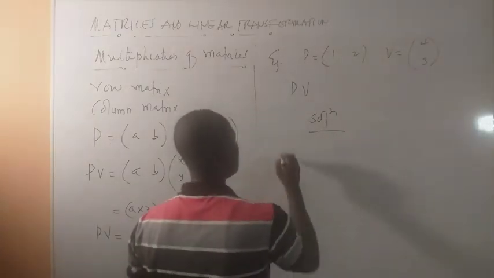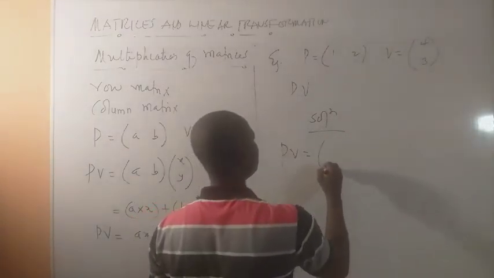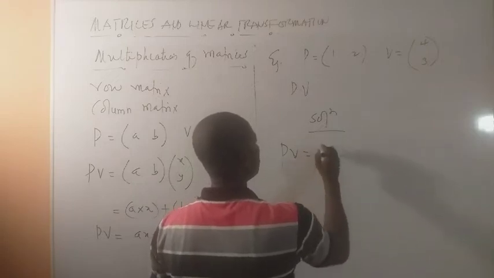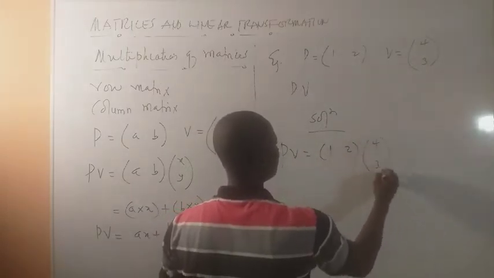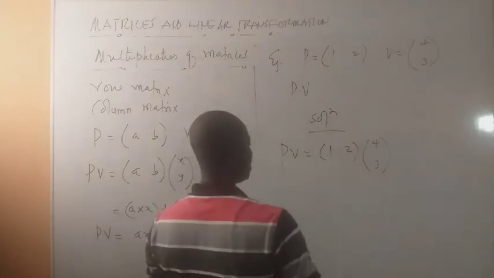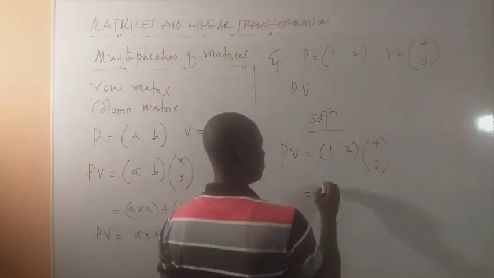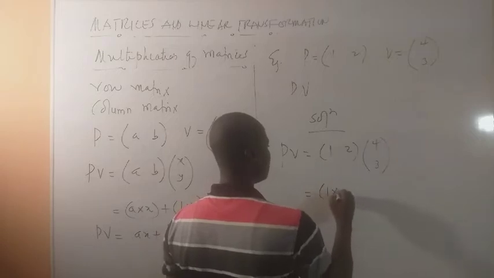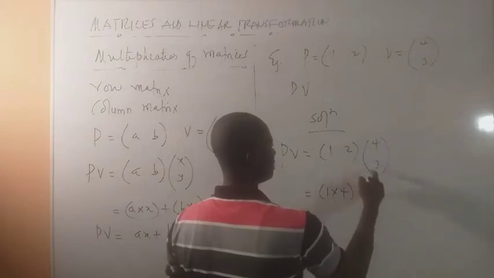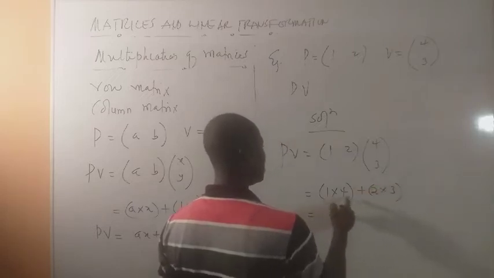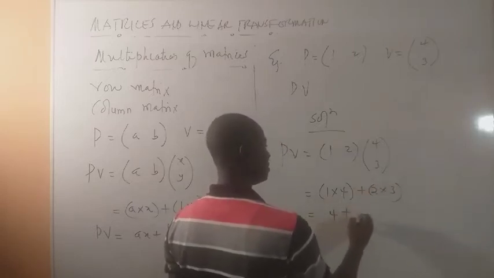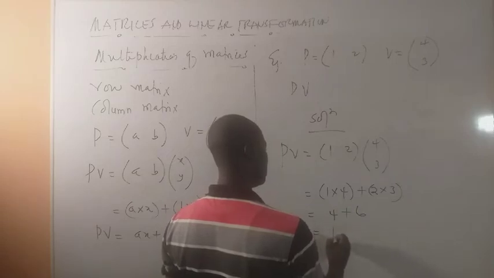So this will be equal to 1, 2 multiplying 4, 3. So these are the multiplication goals. We have 1 times 4 plus 2 times 3. Now 1 times 4 is 4, 2 times 3 will give us 6, and 4 plus 6 will give us 10.